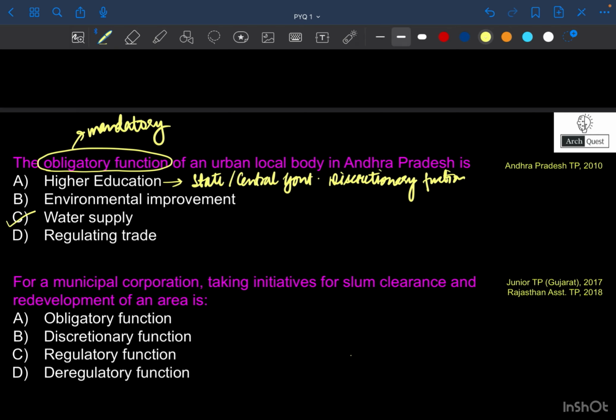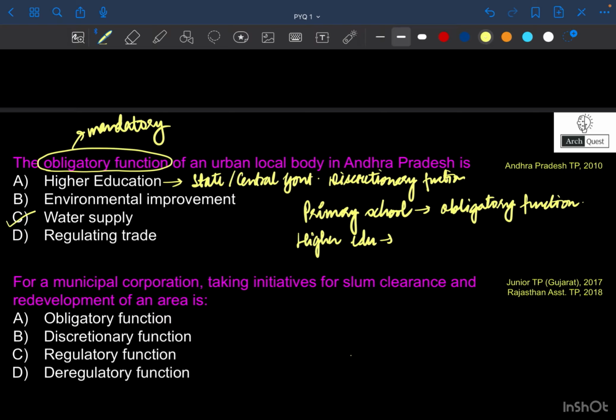Generally what happens is the municipalities run primary schools. Primary school is an obligatory function, okay? But higher education is looked after by the state or the central government. It's not the responsibility of the urban local body, hence it's a discretionary function.